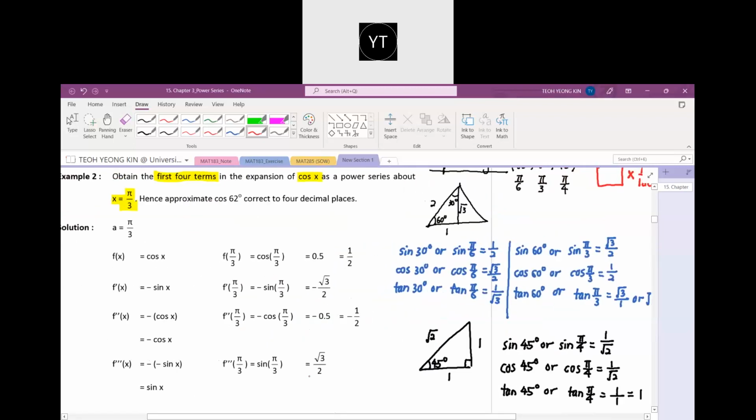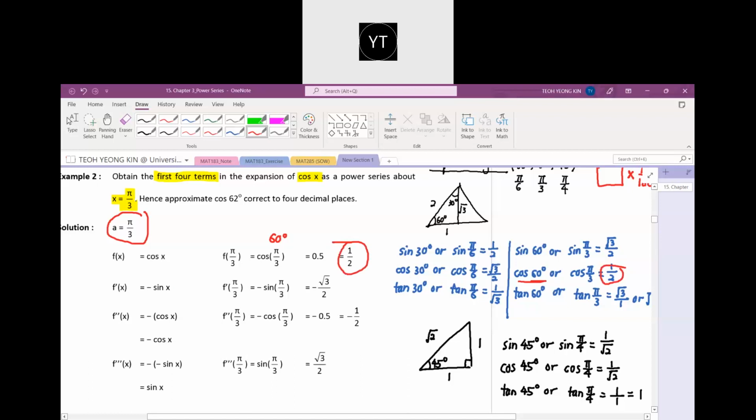Therefore, if you look at this question, first our f(x), and then substitute the value of a, which in this case is pi over 3. If you still remember, pi over 3 actually is 60 degrees. This is the special angle. Cos 60 is 1 over 2. And then differentiate and substitute the value.